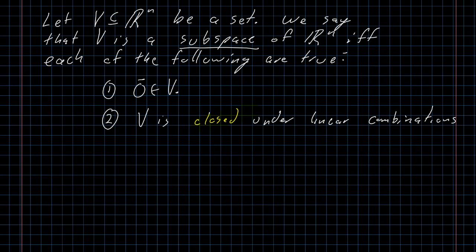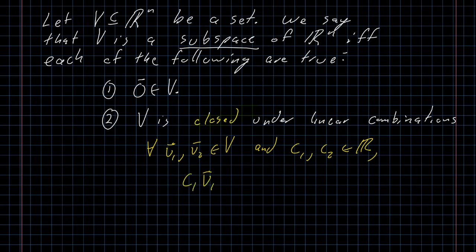So in this particular case, what we mean is that for all v1 and v2 in our set V, and constants c1 and c2 in the real numbers, the linear combination c1v1 plus c2v2 is also in set V.